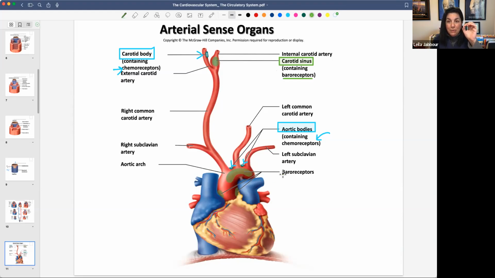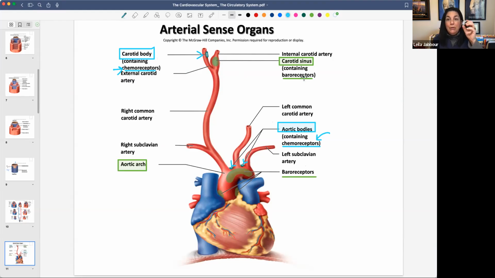And we have these baroreceptors, just underlining baroreceptors right here on the aortic arch. I'm just trying to stay consistent with my writing. Carotid sinus, aortic arch, both have baroreceptors. Carotid body and aortic bodies have chemoreceptors.